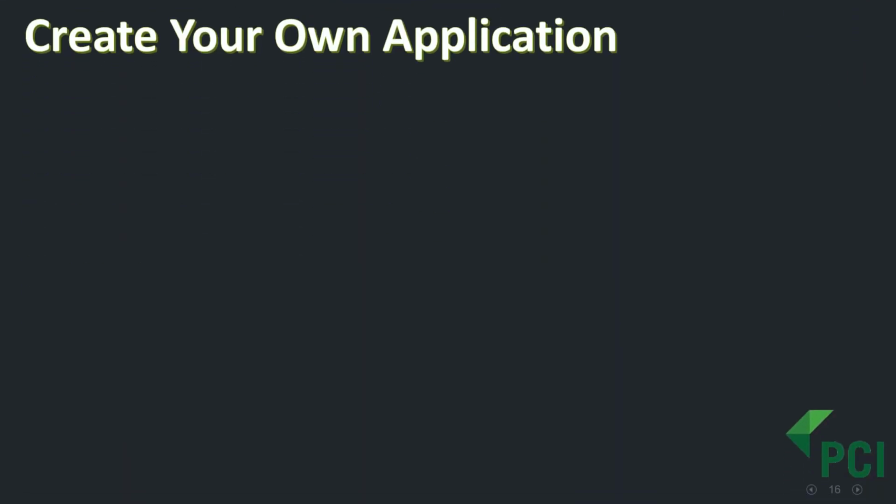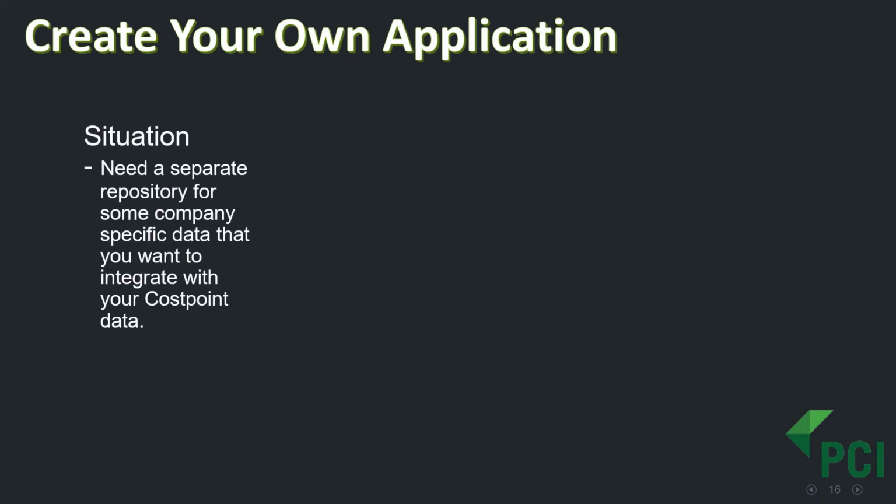A more advanced feature of extensibility is creating your own application. You may be in a situation where you need to store your own data. It's specific to your company, but there's no place in Costpoint to hold it.